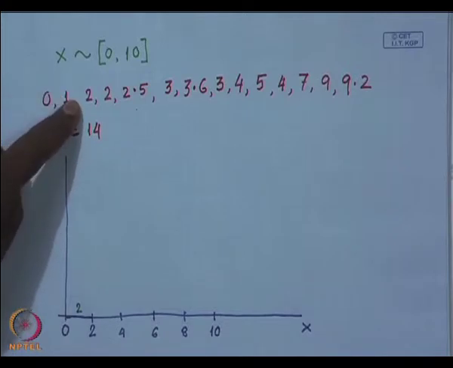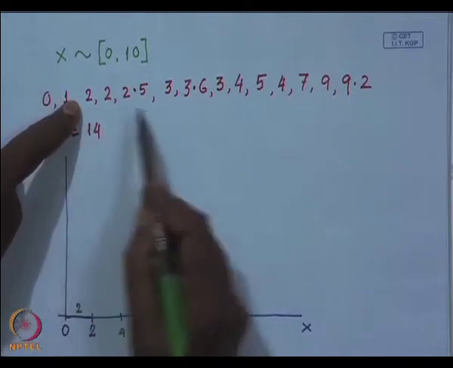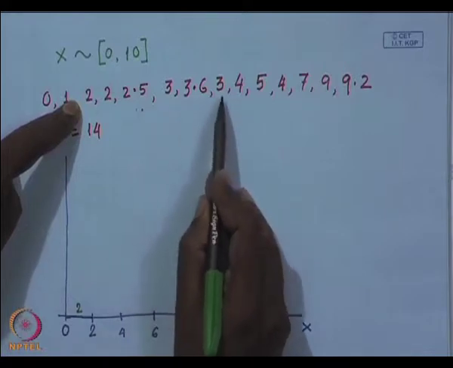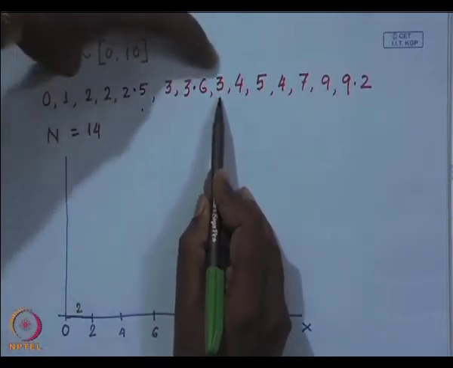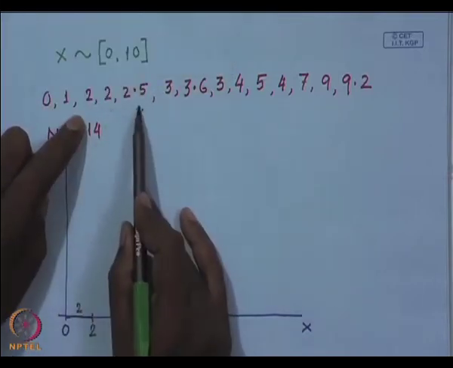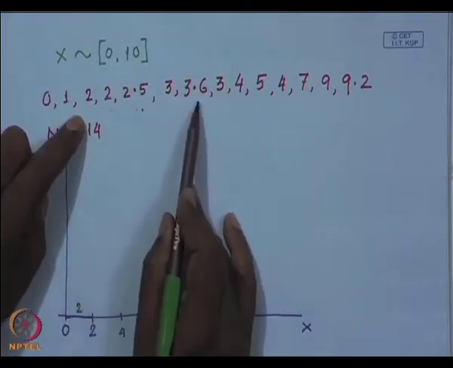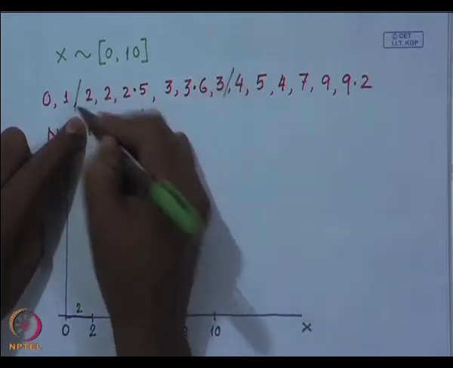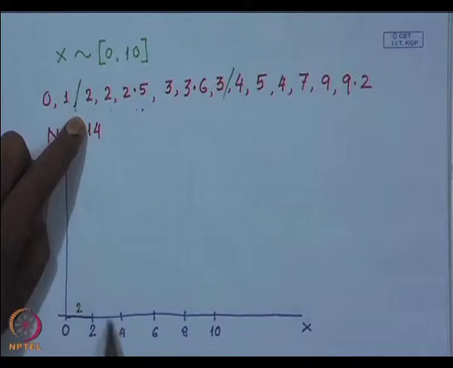Come to the next one: 2, 2, 2.5, 3, 3.6, 3 again. All these samples fall under this bin having the bin boundaries 2 and 4.